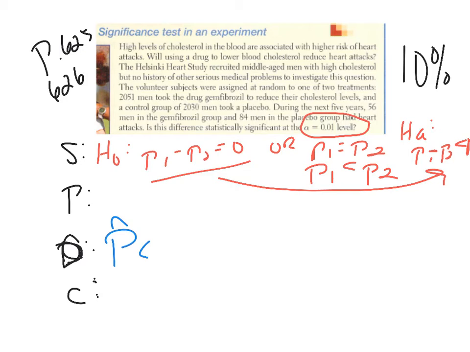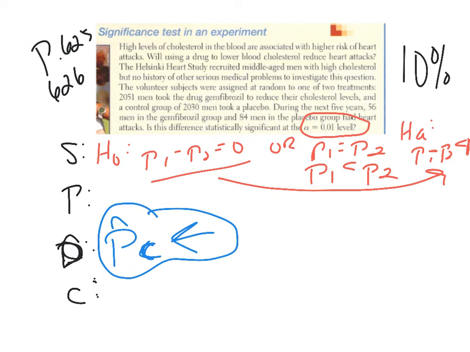I can go straight to my technology, and I can pull that information off of the technology. Even if you go straight to the technology, you don't need this in the technology. You don't have to enter that p hat combined value, but I think you still need to show it, and it will show it to you in your technology.